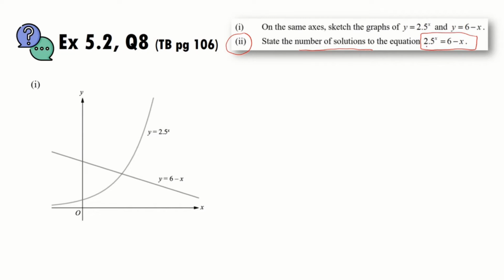I hope that you can see that 2.5 to the power of x is the curve that we have drawn, and 6 minus x is the straight line that we have drawn. As such, from the sketch itself, we notice there is only one intersection point. Hence, the number of solutions to the equation will be 1 only.